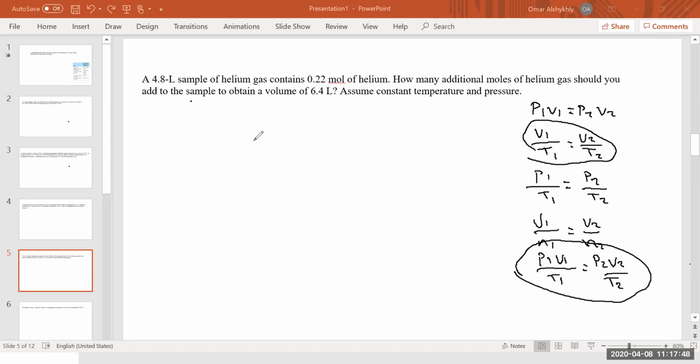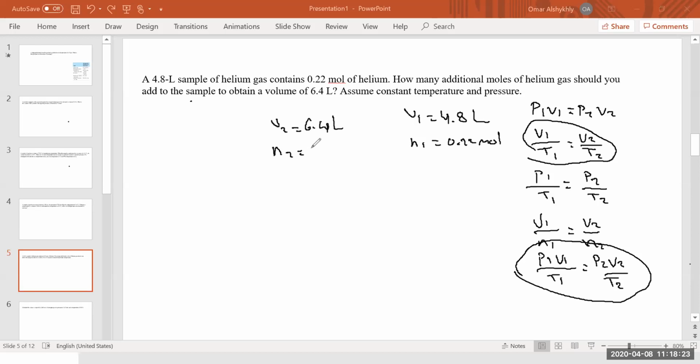How many additional mole of helium gas should you add to the sample to obtain a volume of 6.4 liters? Assume a constant temperature and pressure. So what do we have here? V1 is 4.8 liter and N1, the number of moles, is 0.22 mole. An additional mole to get the V2, it is 6.4 liter.